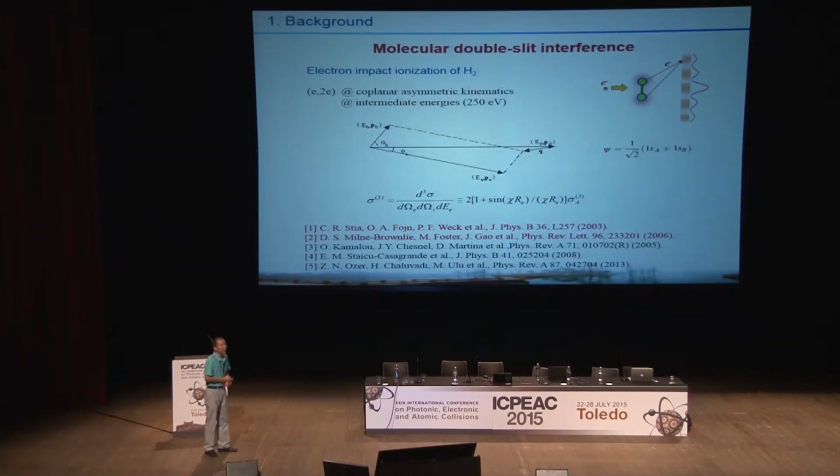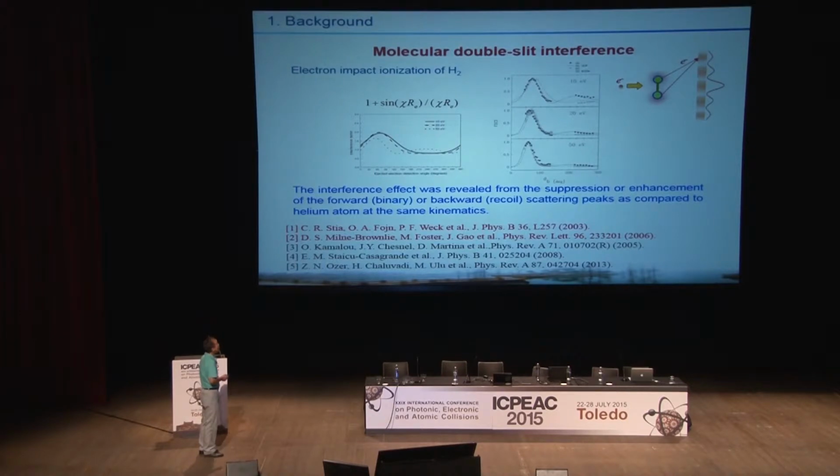For the electron impact ionization experiment, it was proposed by Stia in a calculation, and then was proved by experiment.